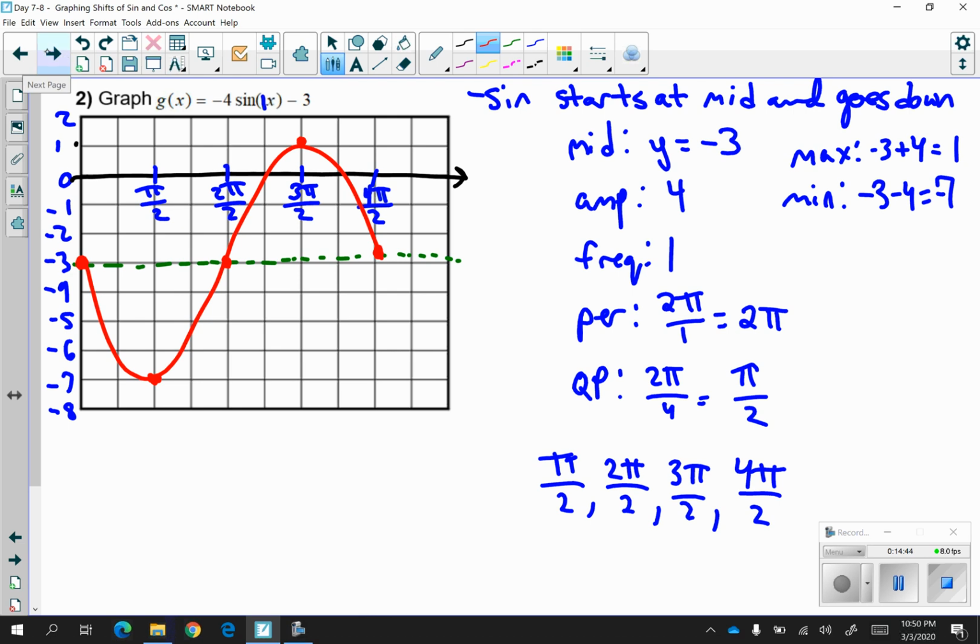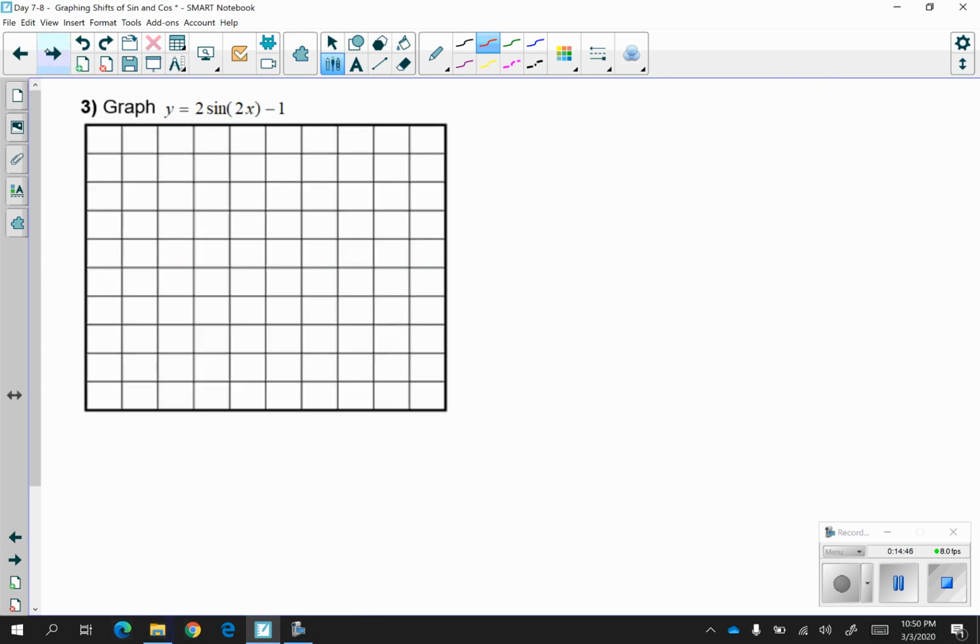Let's try one more together. So positive sine starts at the midline. But because it's positive, this time we're going to go up.